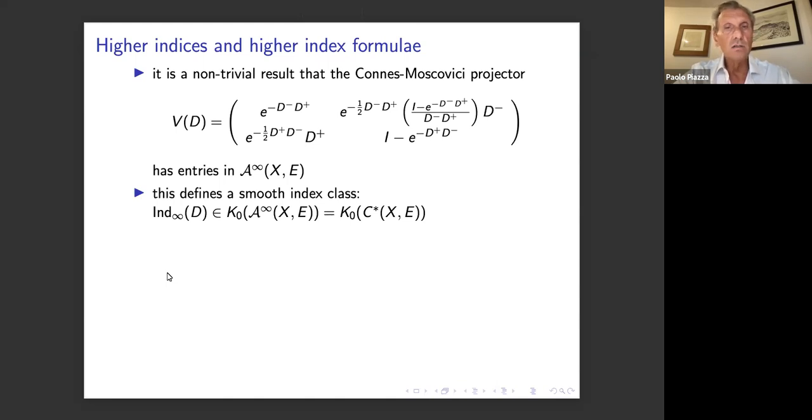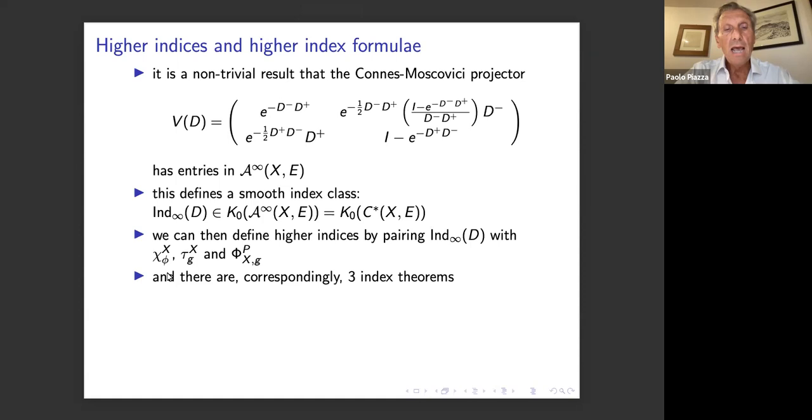Because I didn't say it, but these smoothing operators that you define using the Schwartz algebra are dense and holomorphically closed in the reduced C-star algebra. So the Connes-Moscovici projector is a smooth representative of the index class, and that means that we can pair this smooth index class with the cyclic cocycles that I had introduced before, and we obtain C-star higher indices.